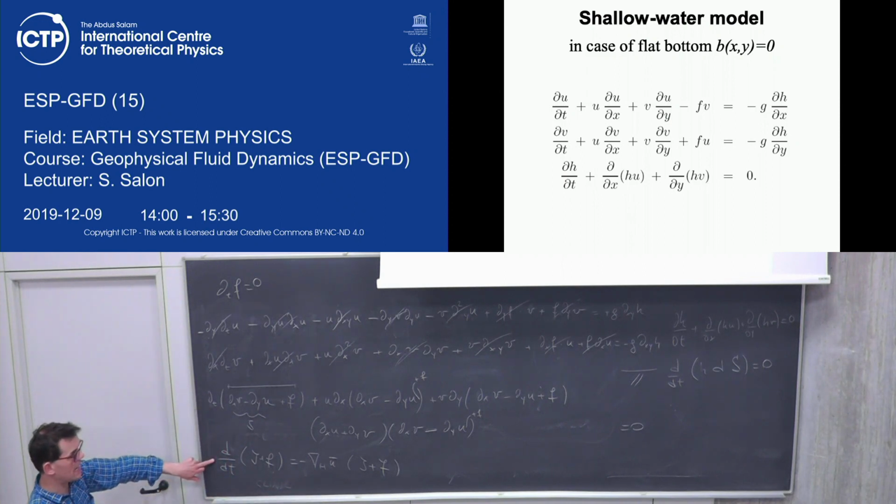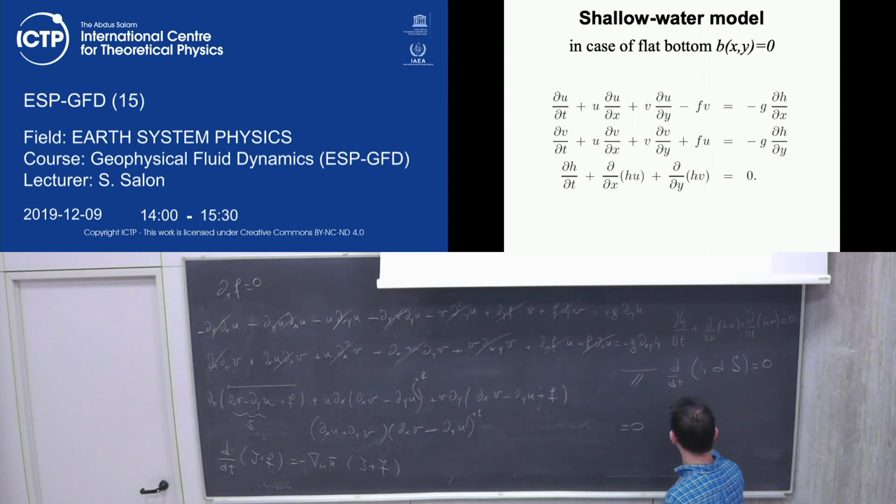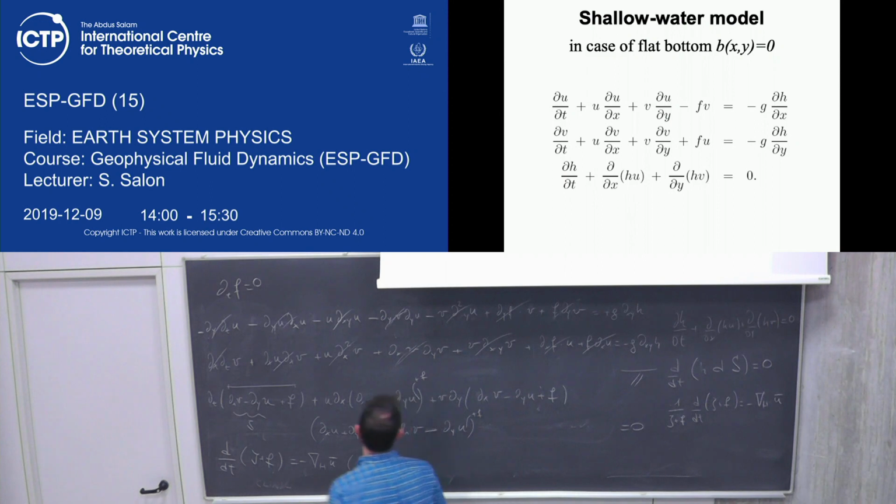So the variation in time, we can write it here, 1 over theta plus f d dt theta plus f is equal to the horizontal divergence.